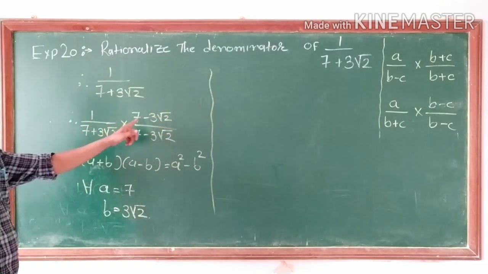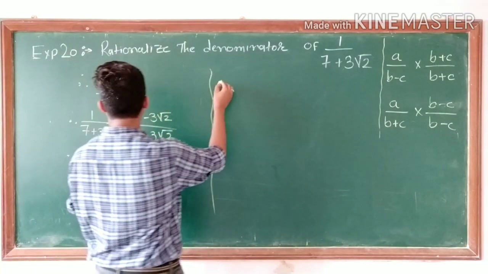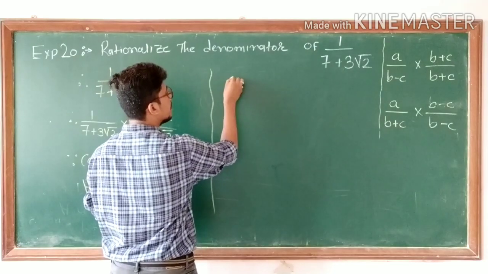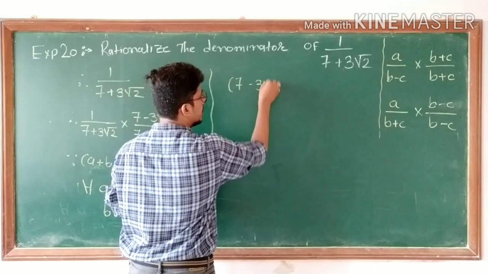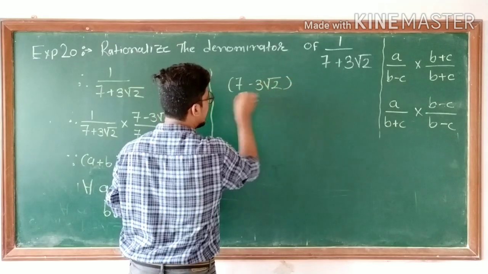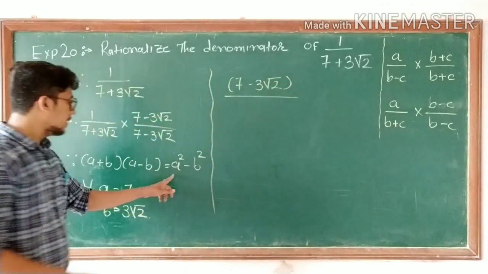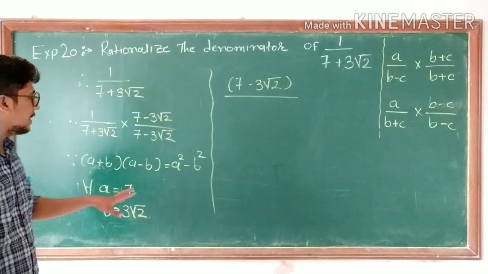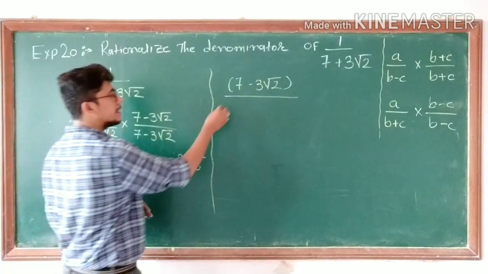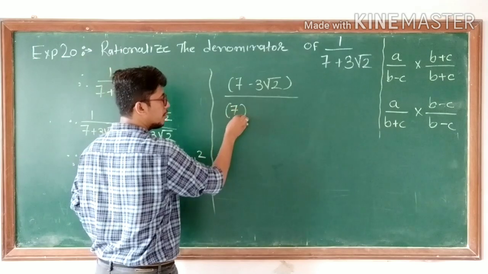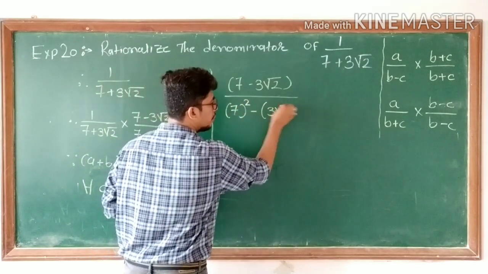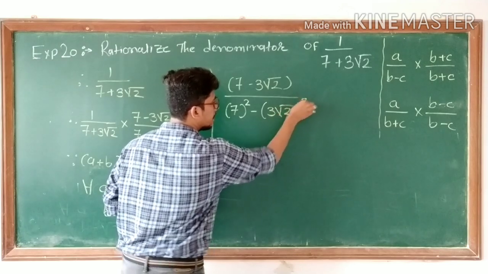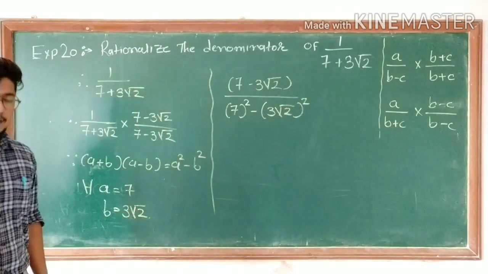So 1 into 7 minus 3 root 2 will be as it is, and here we have to write a square minus b square. So a is 7 whole square minus 3 root 2 whole square. Yes or no? Yes.